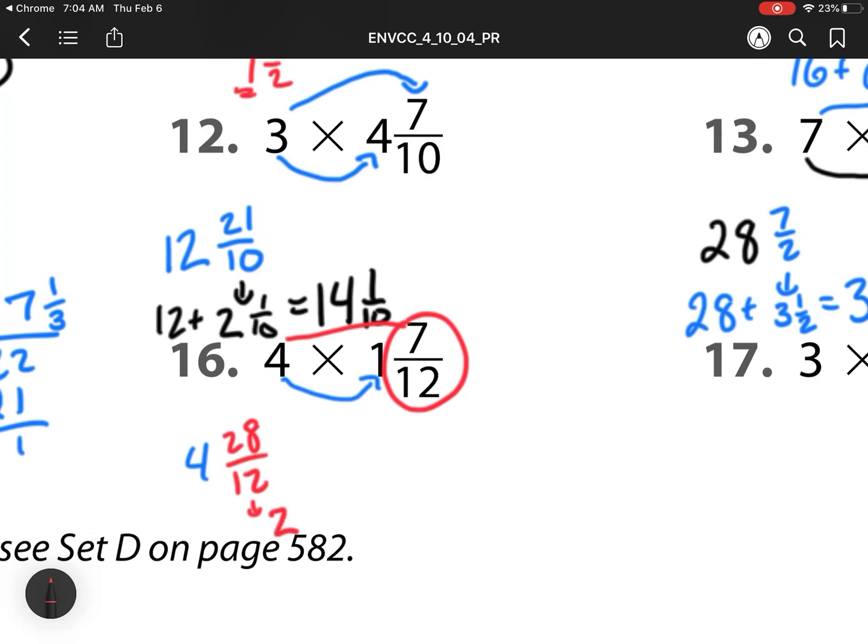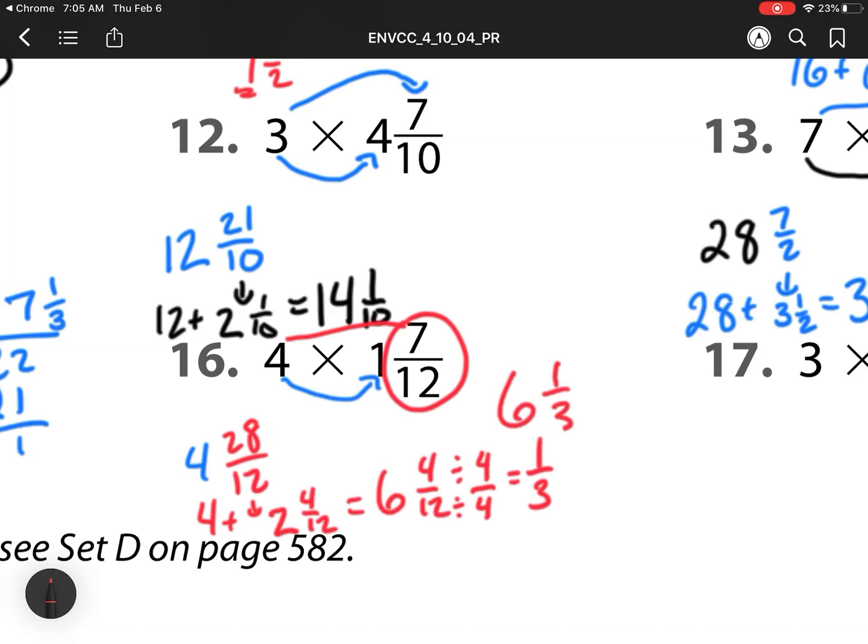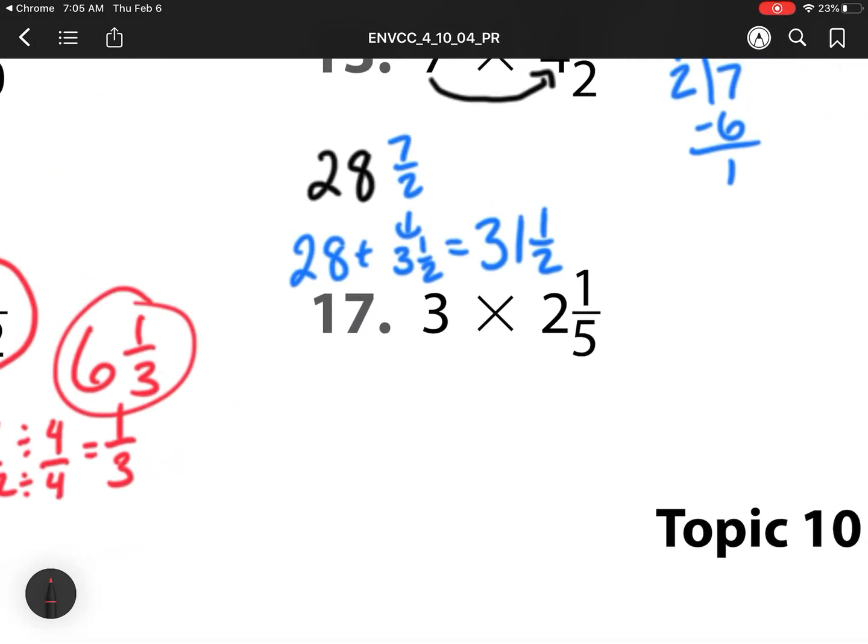And if I have 24 pieces and I'm taking away 24 from 28, I'm left with 4 pieces. So here I have 4 plus 2 4/12, which is 6 4/12. And then I remember I need to divide so I can simplify. 4 divided by 4 is 1. 12 divided by 4 is 3. So my final answer is 6 and 1/3.